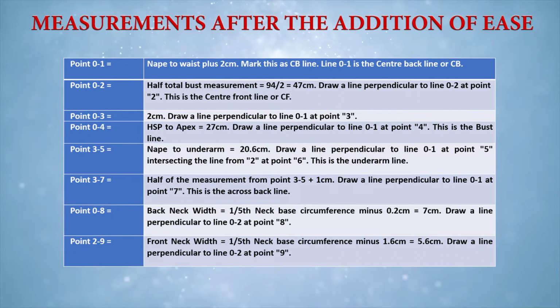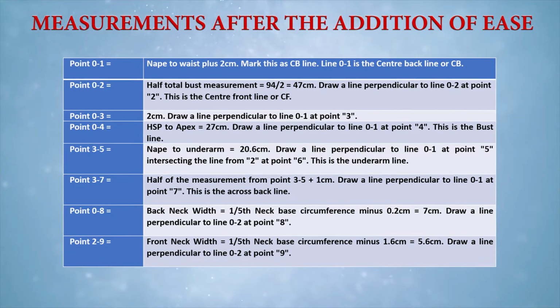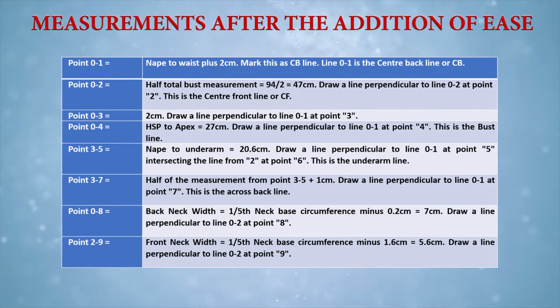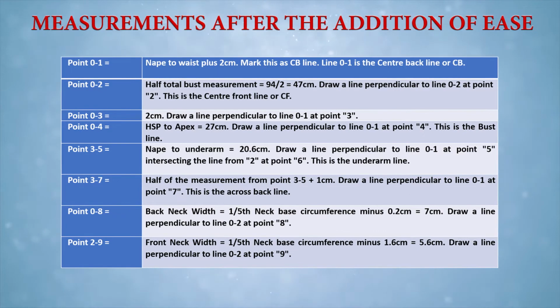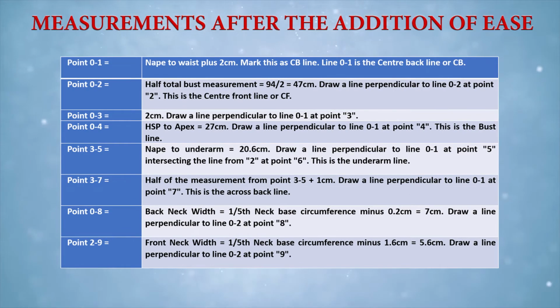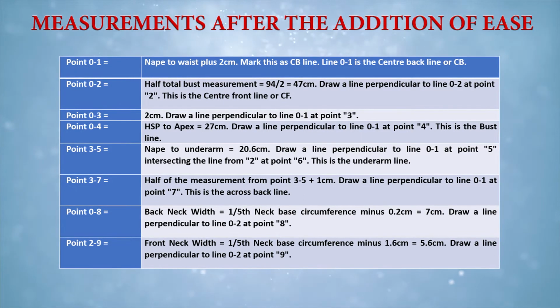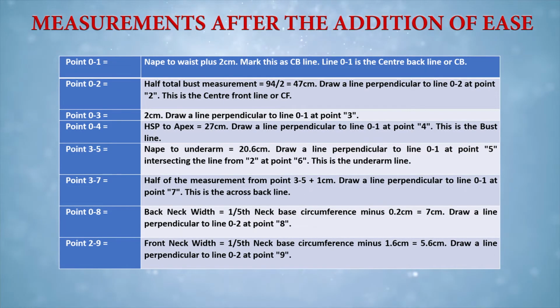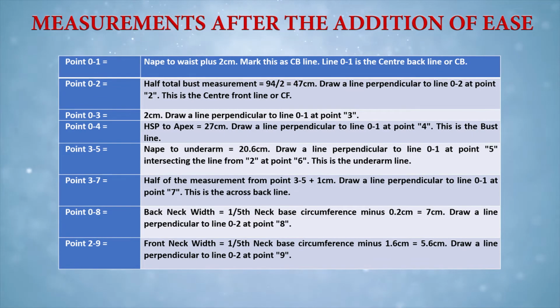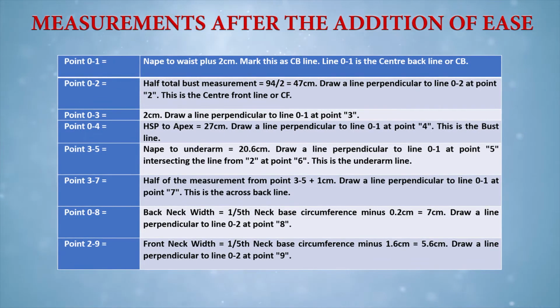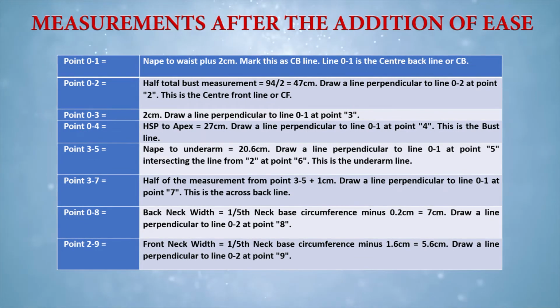Mark this as the central back line, so line 0 to 1 is the central back line or CB. In this manner, if you follow the diagram and the points mentioned in your study material one by one, you will be able to create a pattern very easily, and it explains how we can develop the pattern step by step.